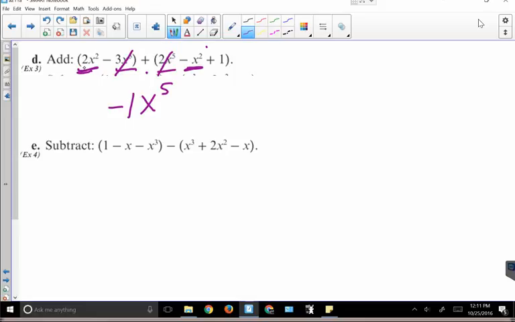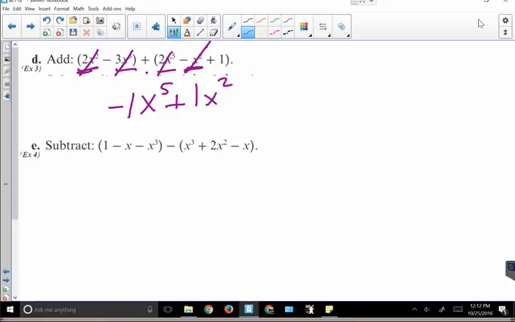But I've got a 2 here, and what kind of 1 do I have here? Negative. So it's a positive 2 and a negative 1, which gives me a positive 1, right? So I add them together: 1x squared. Then those are done.